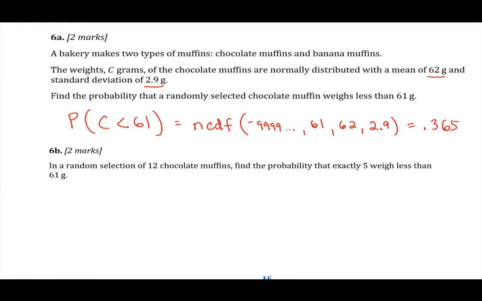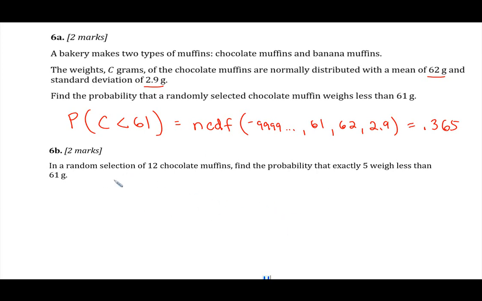All right, part B says that in a random selection of 12 chocolate muffins, find the probability that exactly 5 weigh less than 61 grams. When you read this, you need to recognize that this question is a binomial distribution type question.